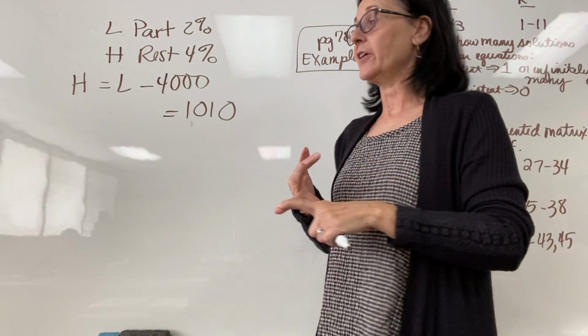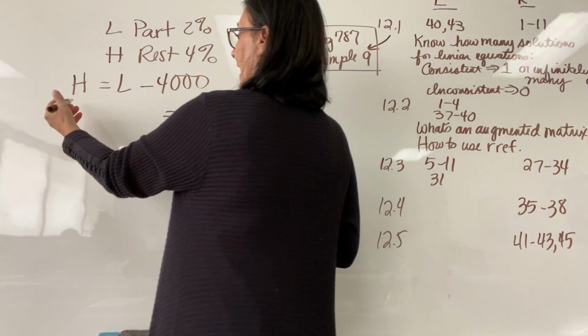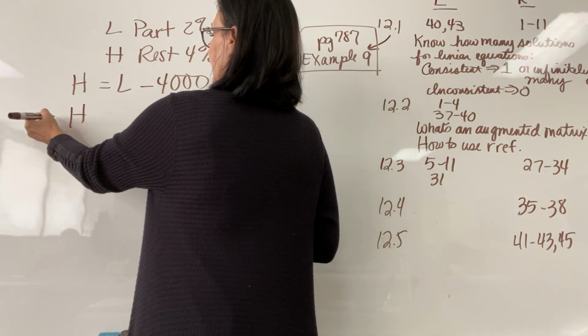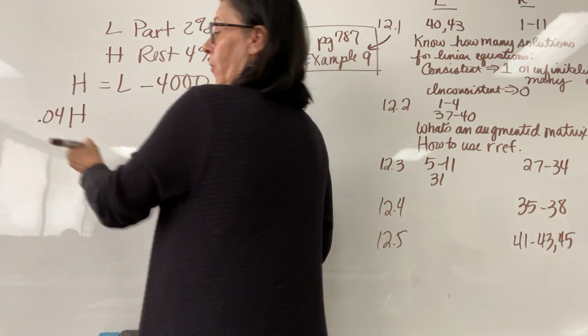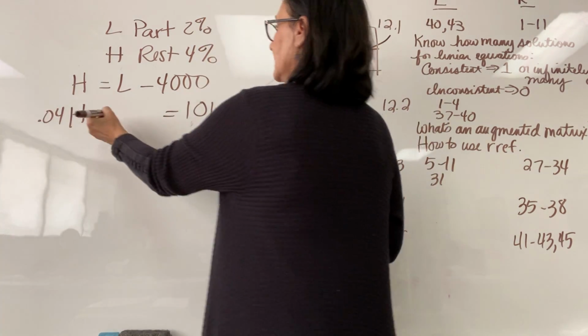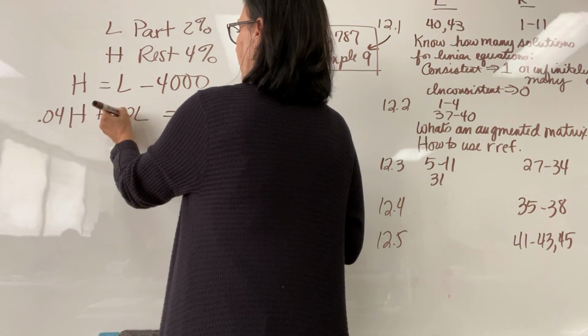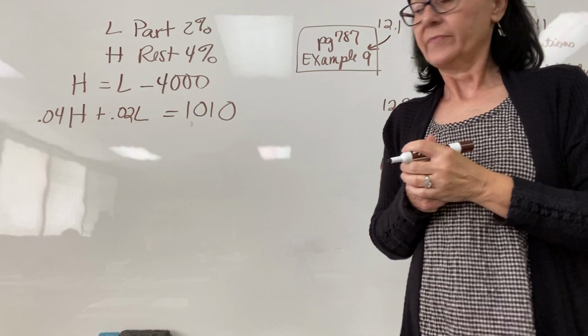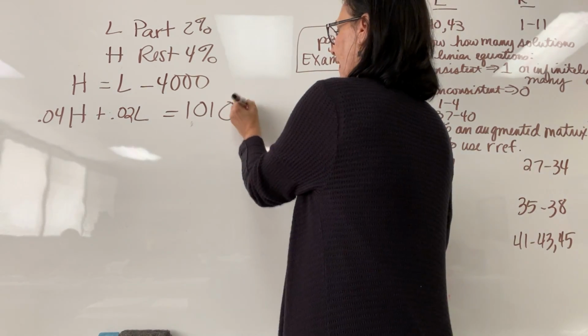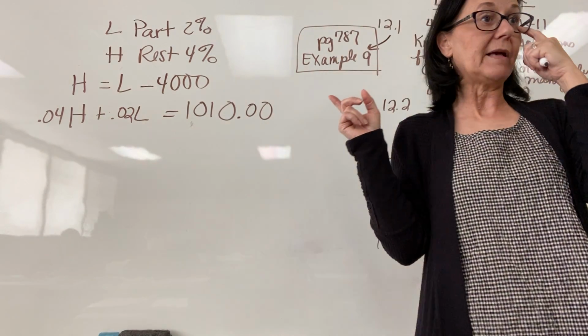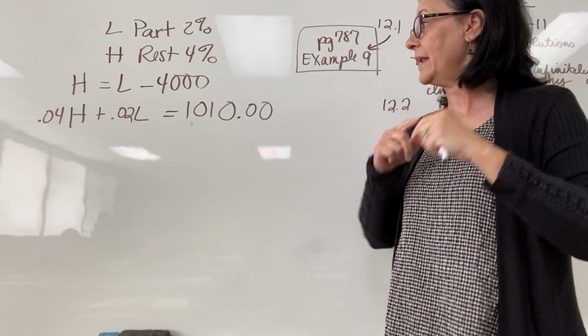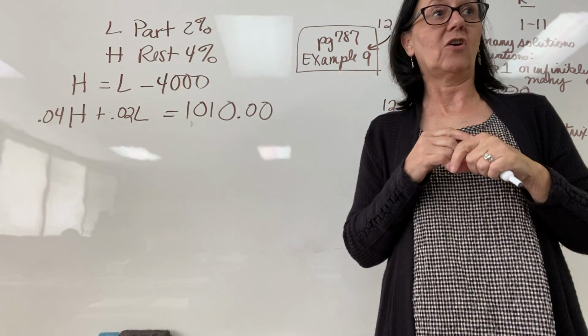But interest is calculated by taking how much I have in my high account times 0.04 plus how much I have in my low account times 0.02 equals this. When I have decimal places, make sure you write decimal places everywhere, because then you can just eliminate the decimals and then solve.